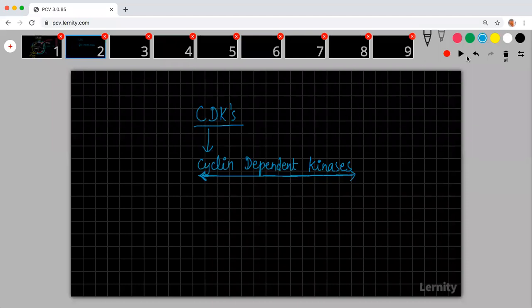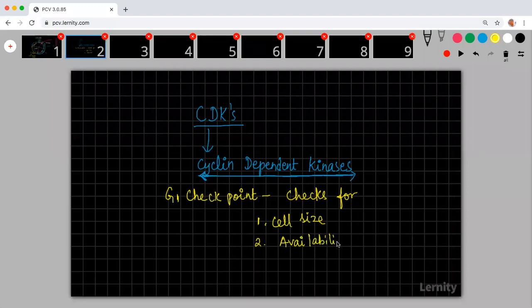This G1 checkpoint checks for cell size, availability of nutrients, growth factors, and the fourth thing is DNA damage.